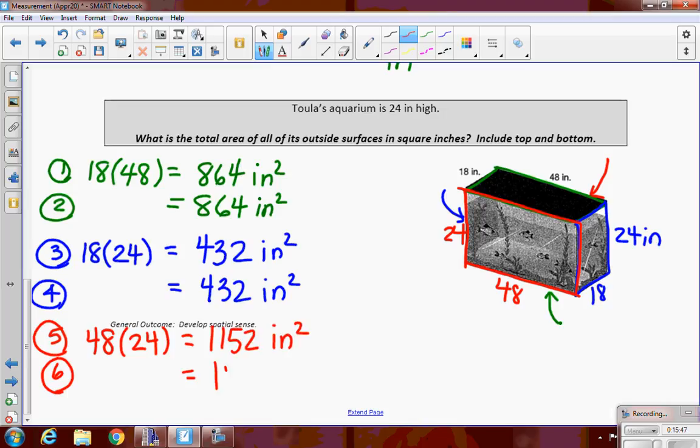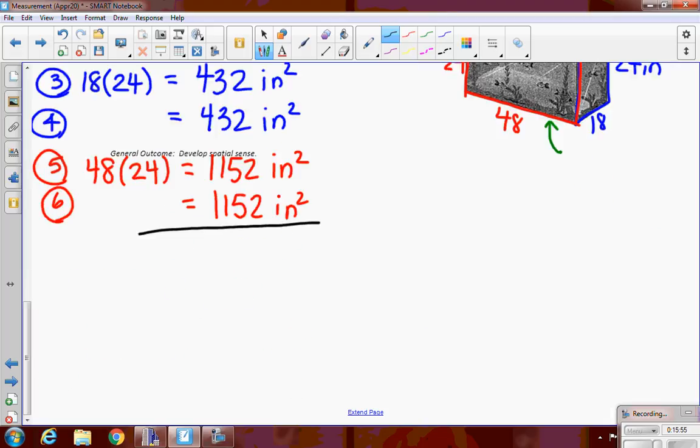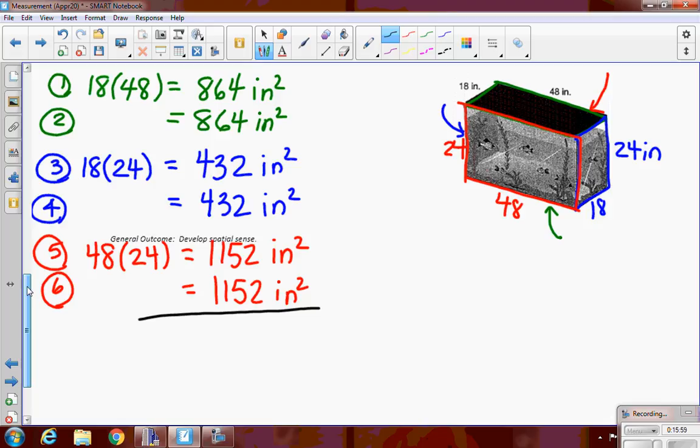That would be the exact same size as the back of it. So all of these things combine to what we call our surface area. So the surface area, or the area of all the sides on this aquarium, when I add that up, is 4,896 square inches.